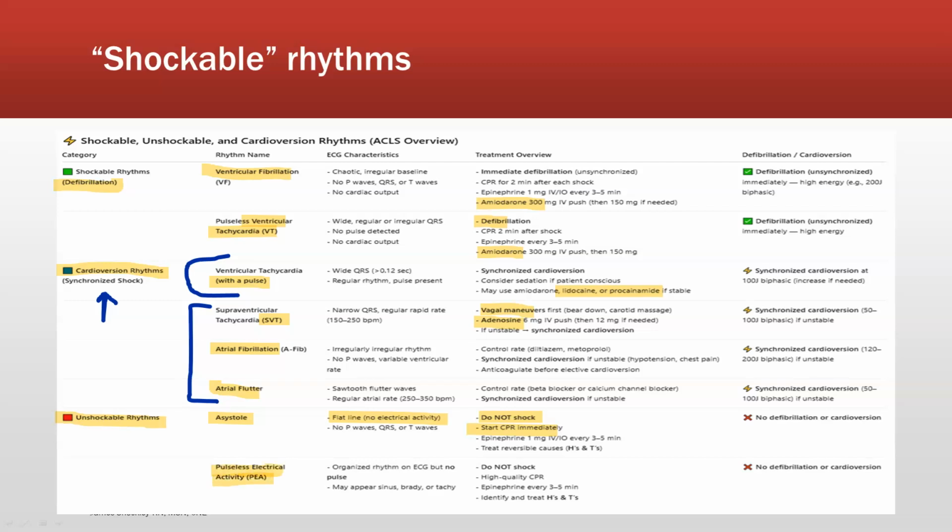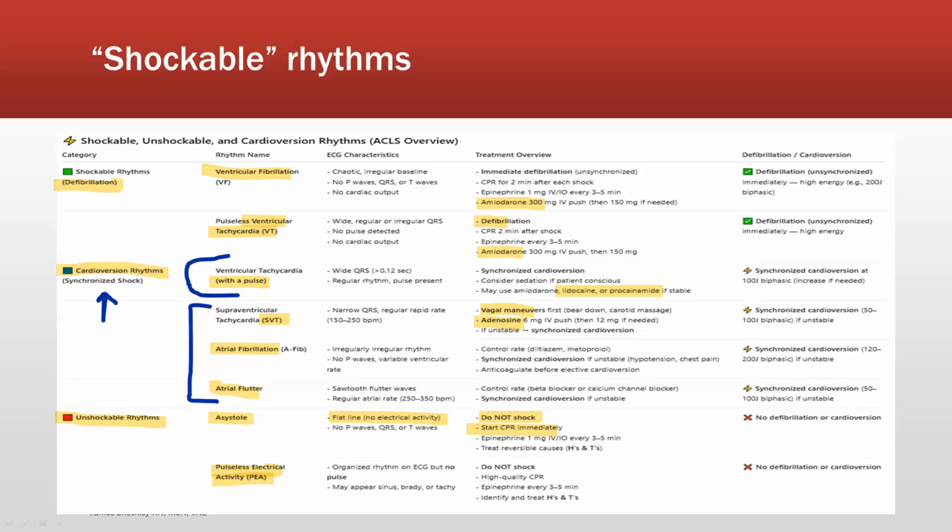PEA. Now, this is the kicker, and this is the one that most new grad nurses probably confuse: you have PEA, which is not shockable, but you have PVT, which is shockable. And I know even I have talked about one when I was talking about the other one, just because they probably both start with pulseless, and we get a routine in our head when we're talking about it.